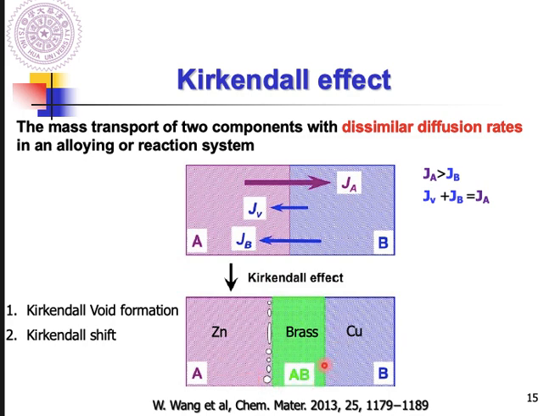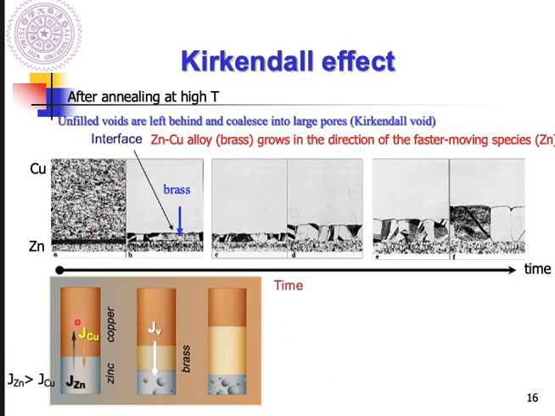Now I'm going to show you some real experimental results. With the same idea, we have the zinc-copper diffusion couple, but we put a marker in between zinc and copper, at the interface.